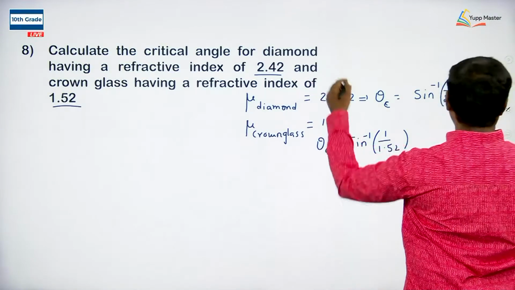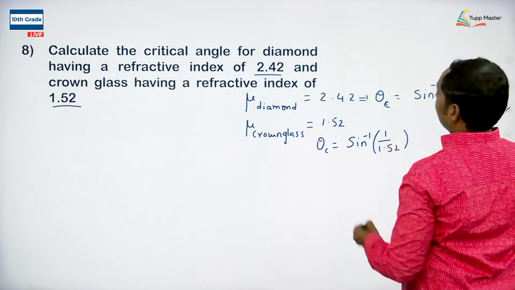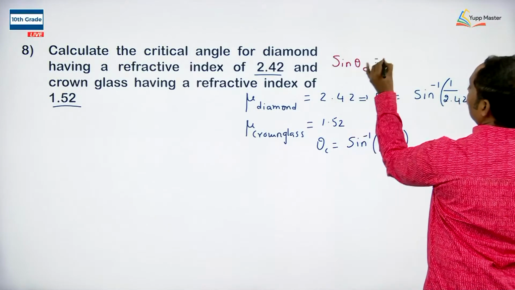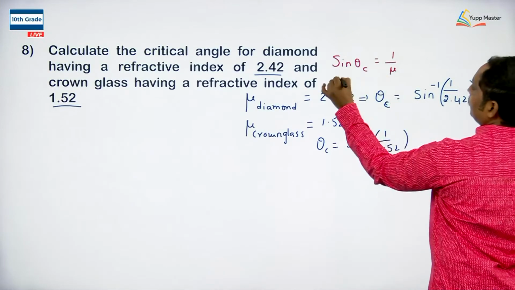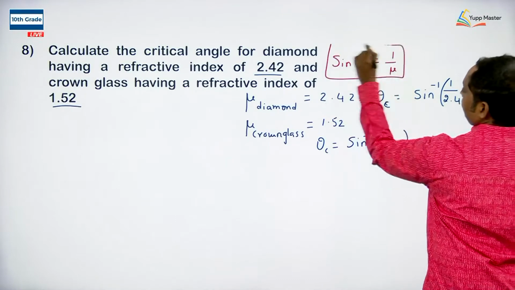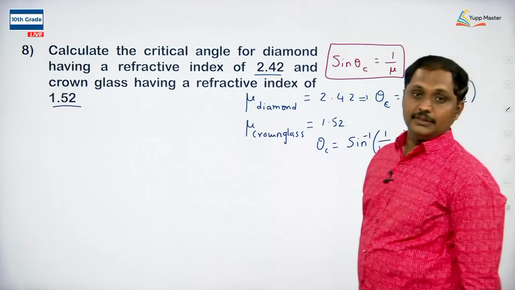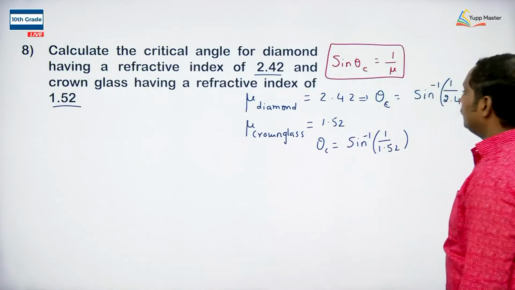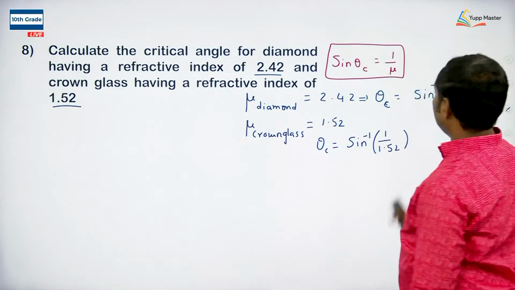Now, this is all from the relation sine theta c is equal to 1 by mu, where theta c is the critical angle. Then you can easily go for the calculations.